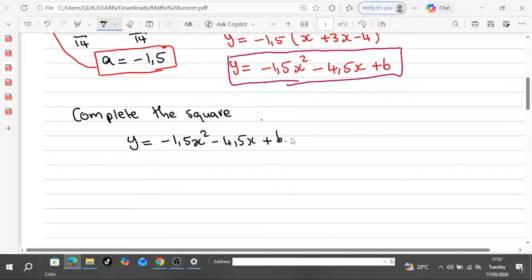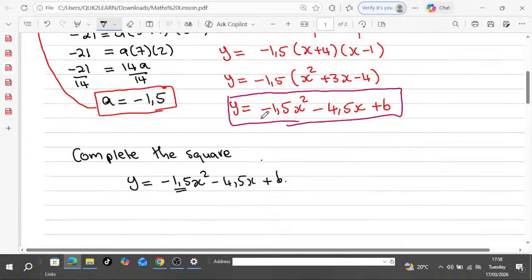Let's complete the square now. First, make sure that the value of a, you take it out as a negative. When we take it out as a negative, it is going to take us back to that form.